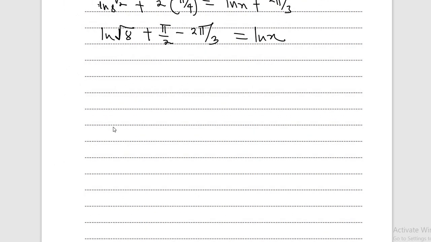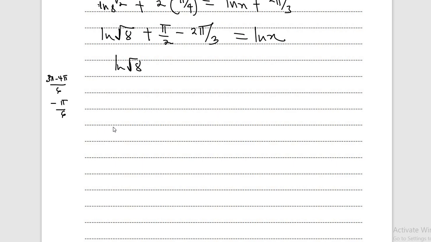So from here I have ln root 8, and pi over 2 minus 2 pi over 3. That will give me 3 pi minus 4 pi over 6. That's minus pi over 6. I think it gives us something like minus pi over 6.